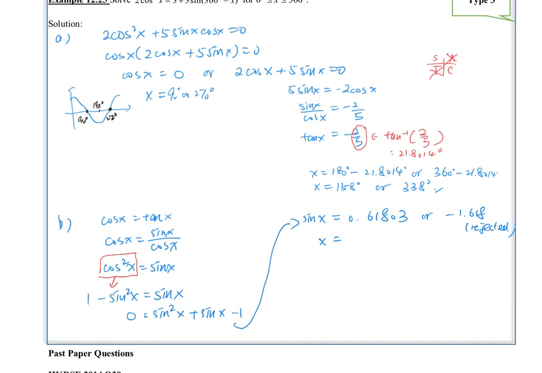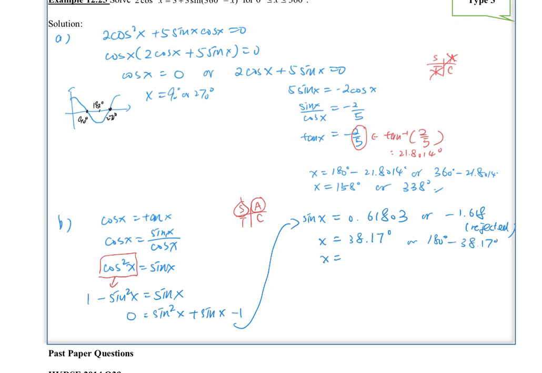So for sine x, CAST, quadrant 1 and quadrant 2. So the beta is the same as quadrant 1. So we can press shift sine to get 38.17 degrees, or 180 for quadrant 2 minus 38.17 degrees.